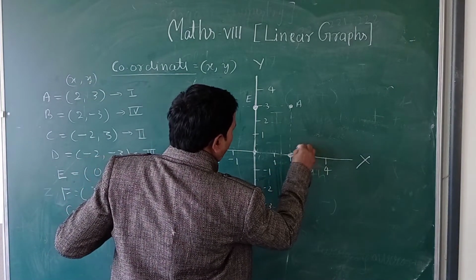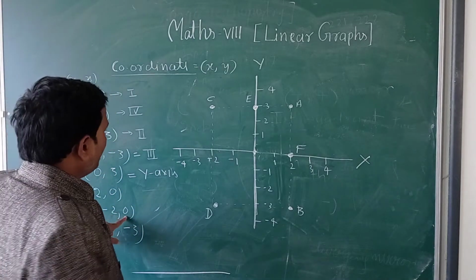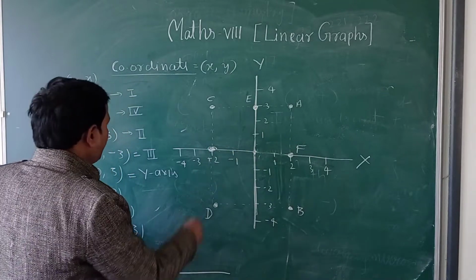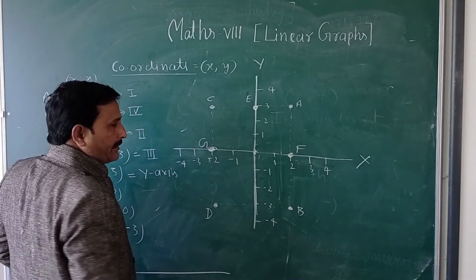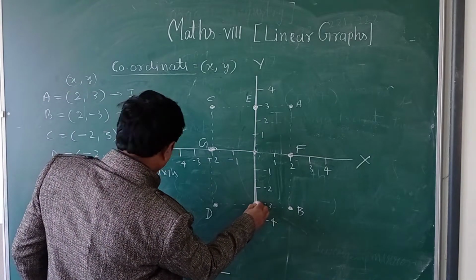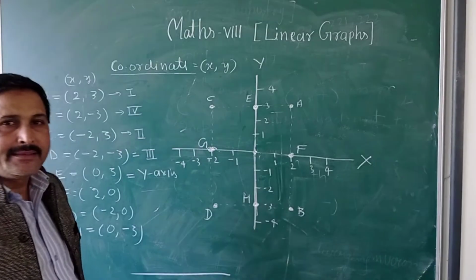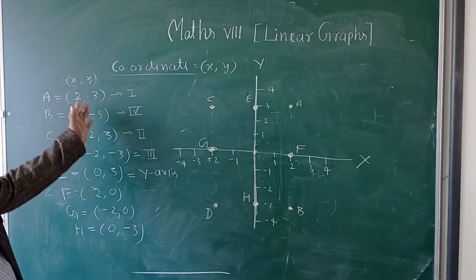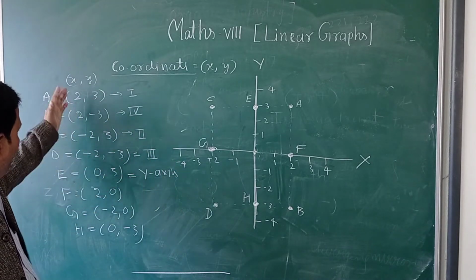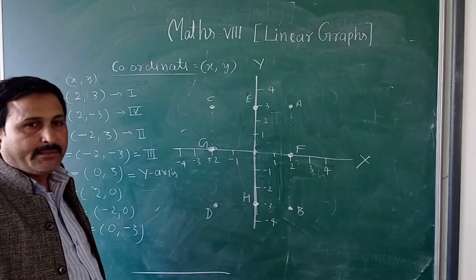This lies on the x-axis. G is (-2, 0): y value 0, this lies on the x-axis. (0, -3) lies on the y-axis. So this is the location of the coordinates or points, and in which quadrant they lie, that I have done here.